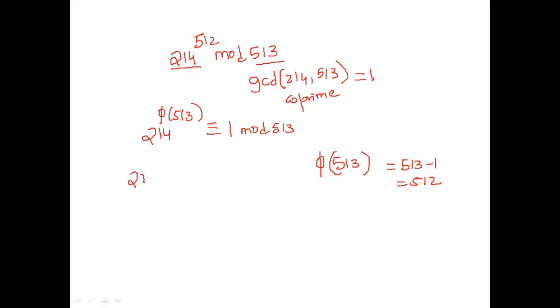So we arrive at 214^512 is congruent to 1 mod 513. We can say 214^512 mod 513 will be equal to 1 by applying Euler's theorem, because 214 and 513 have a GCD of 1, and so this satisfies the form a^φ(m) is equal to 1 mod m. So we conclude 214^512 mod 513 is equal to 1.